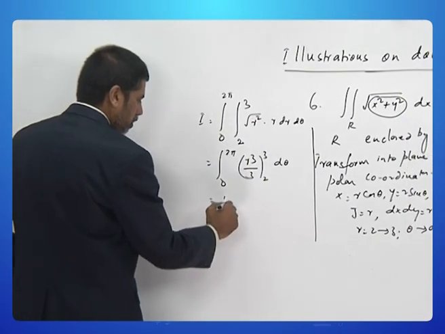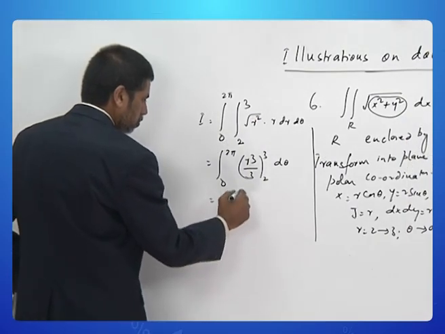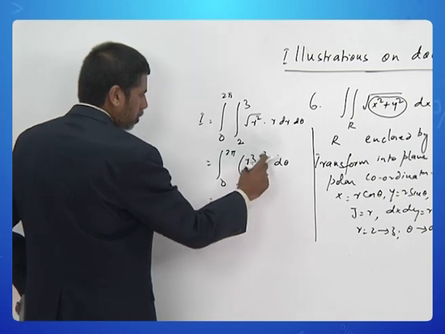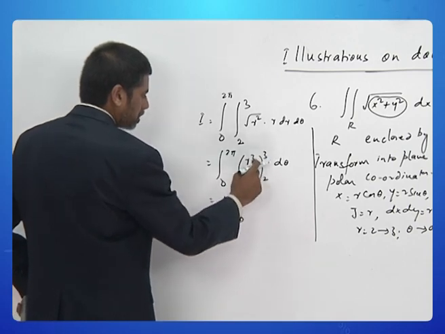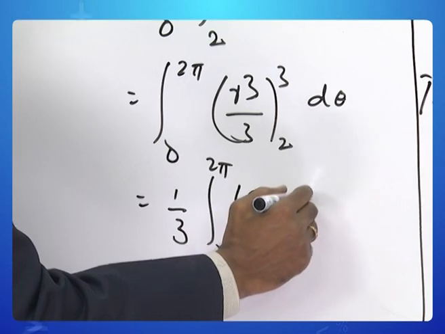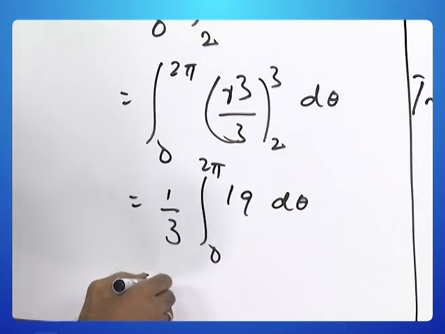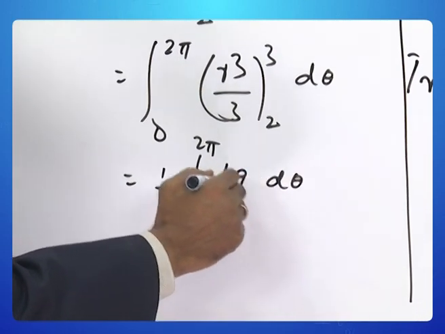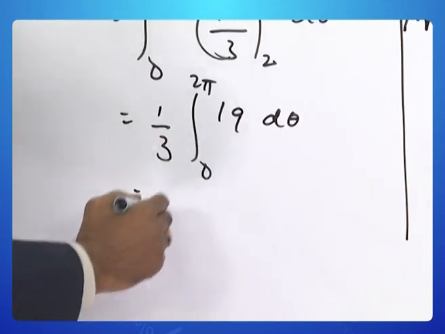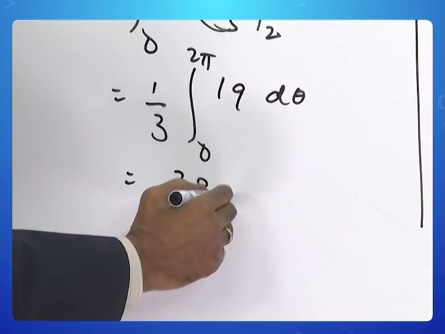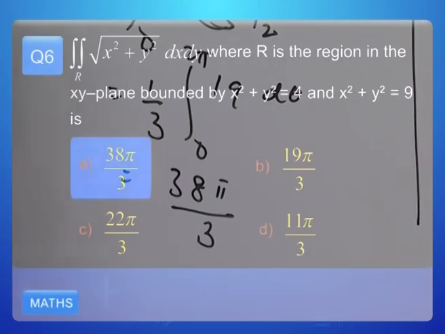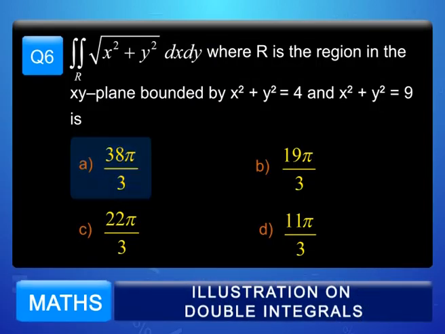So this will be 1 by 3, 0 to 2 pi, 27 minus 8, that is 19 d theta. So you will get 19 into 2 pi, 38 pi by 3. So you will find the correct option is A.